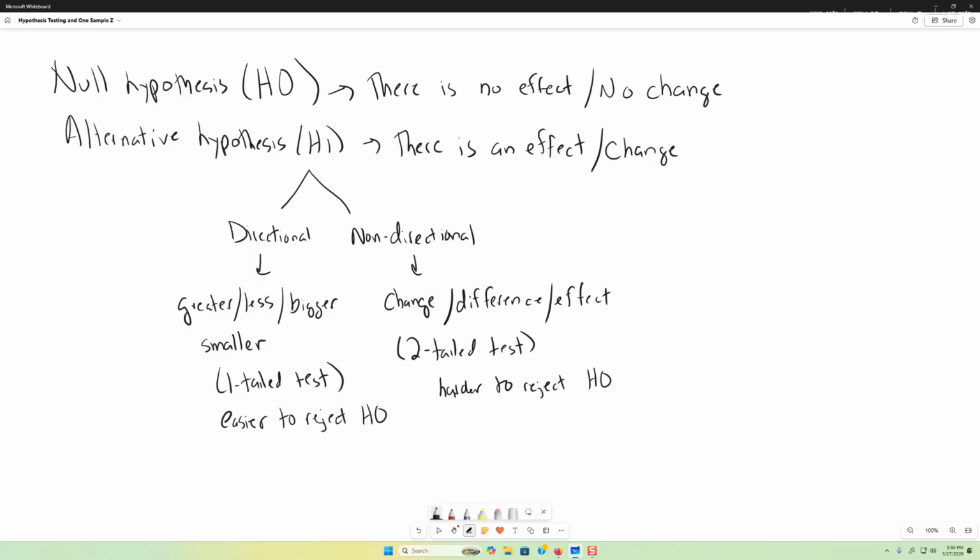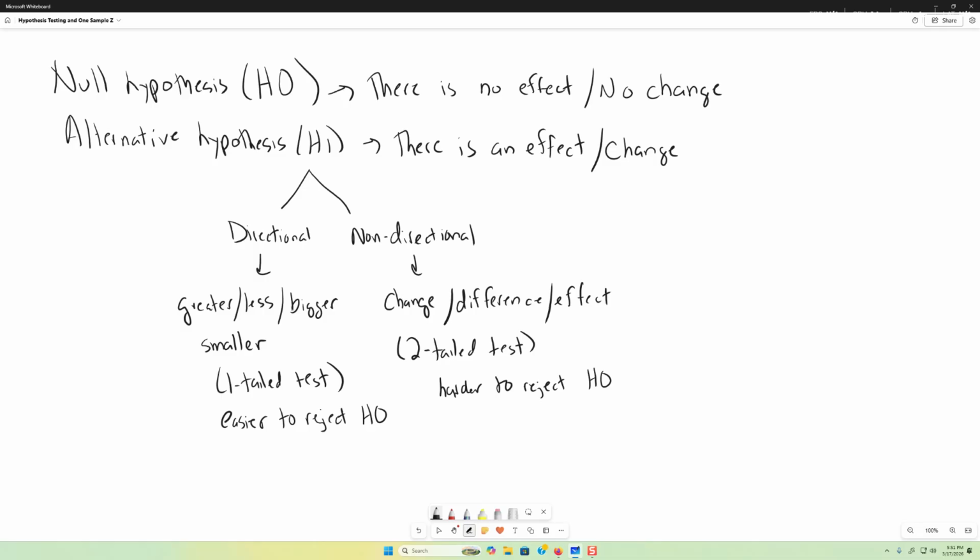So if I'm giving a drug to reduce anxiety, I'm expecting the drug to lower anxiety, so I know where to look. And therefore, a one-tailed test could be viable for that. But if I'm not 100% certain what's going to happen, if I do a different treatment and I don't know if it's going to increase or decrease whatever dependent variable I'm looking at, then we want to do a two-tailed test. So when in doubt, you always want to do a two-tailed test, a non-directional hypothesis test.